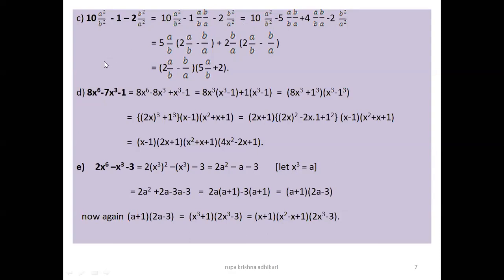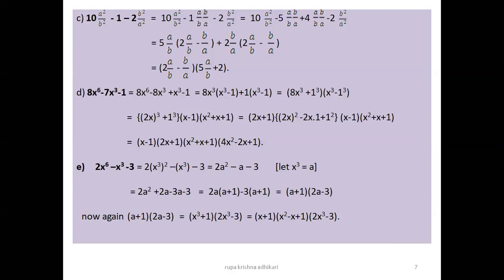now applying the same rule, ax square minus bx plus c form, minus c form. Once again, a x square, in place of x you have a by b, minus b x minus c.